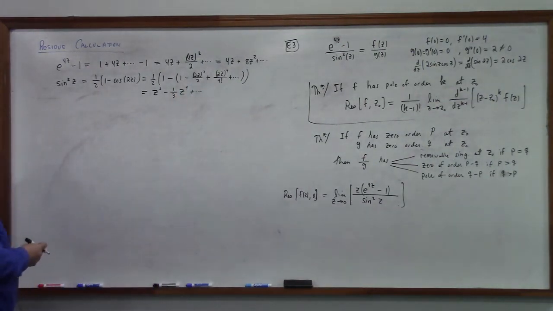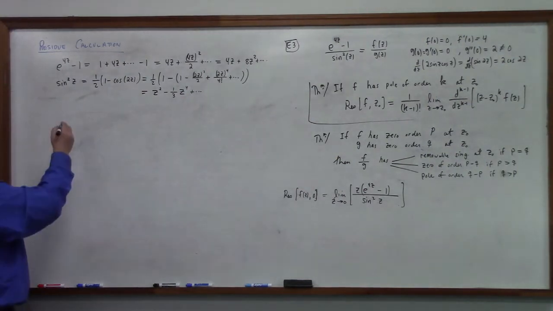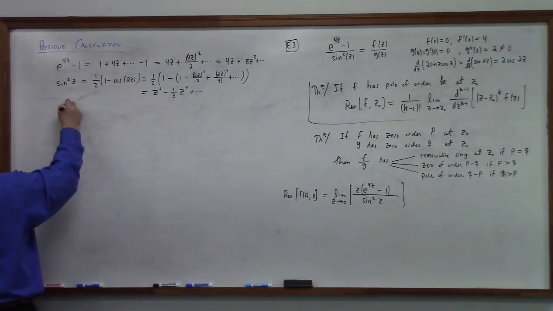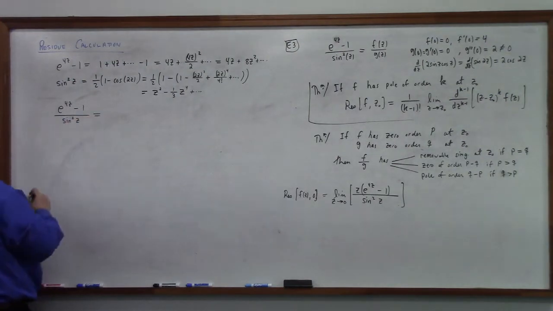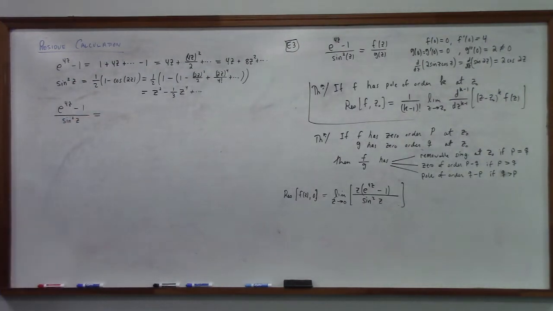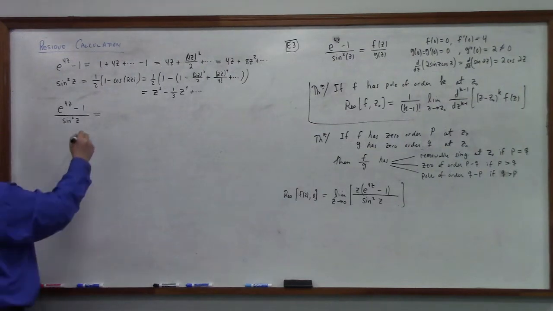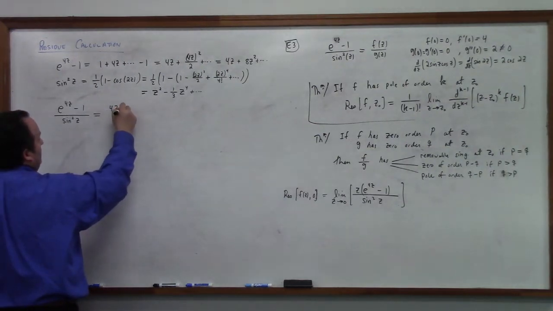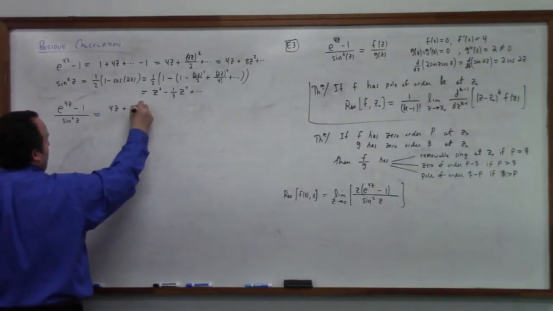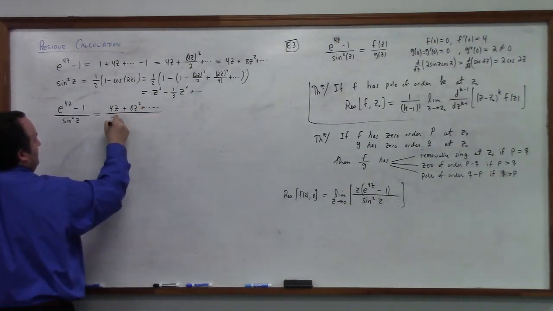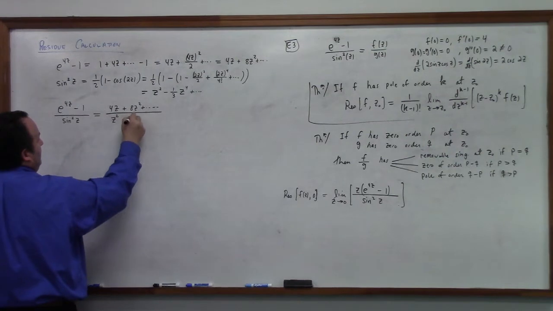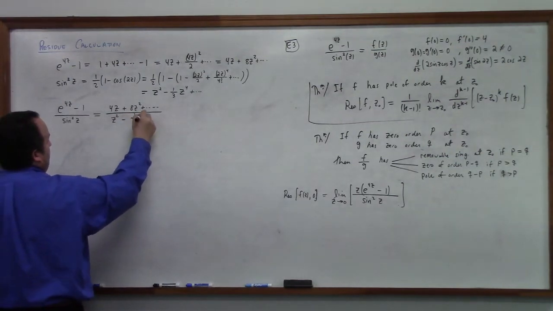Again, I don't think I actually needed that second term. And so we're trying to find the residue of e to the 4z minus 1 over sine squared of z. What we're really facing is the 4z plus 8z squared, divided by z squared minus 1/3 z to the 4th.